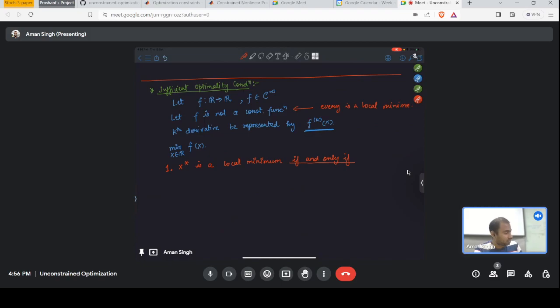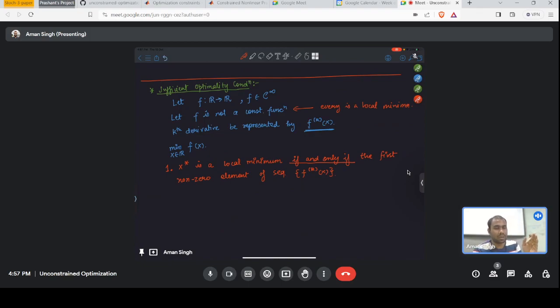This is both necessary and sufficient. The first non-zero element of sequence f^k(x).